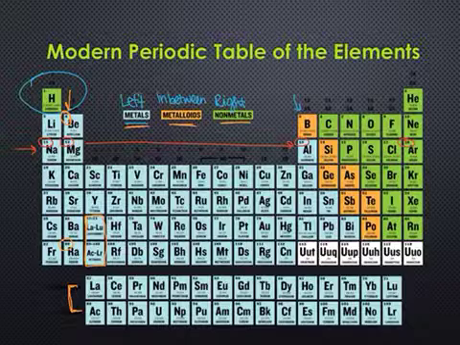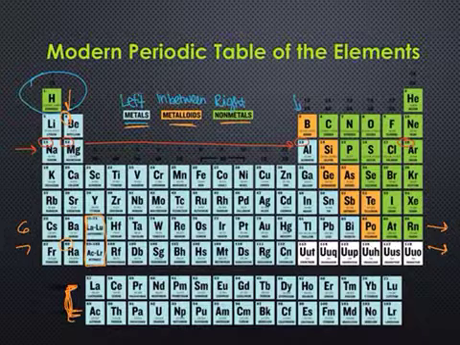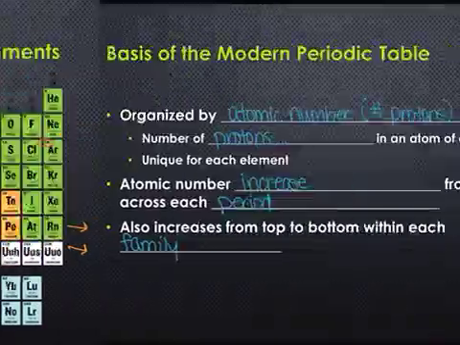And so that would make periods 6 and 7 extend pretty much off the page. So they really just pull these 2 rows out and put them below as a formatting situation so that the periodic table fits on one page.